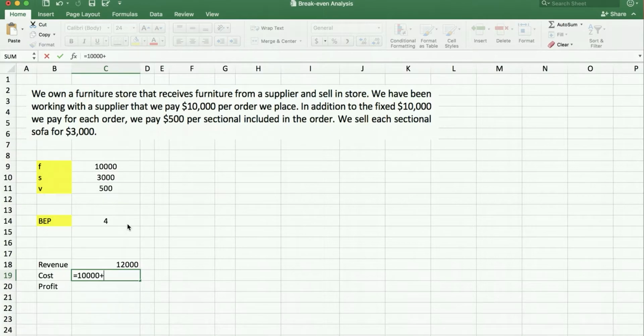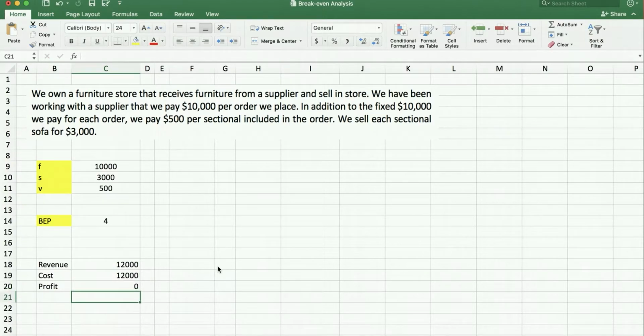And if I include 4 sectional sofas in this order, I need to pay 500 times 4. Therefore, my total cost at this break-even point will also be $12,000, and my profit will be equal to the difference between the revenue and the cost. And you can clearly see that the profit is 0. And if you do this calculation from a different direction to calculate the loss, you can also verify that the loss is 0 in this case.